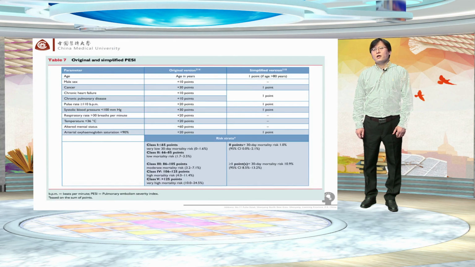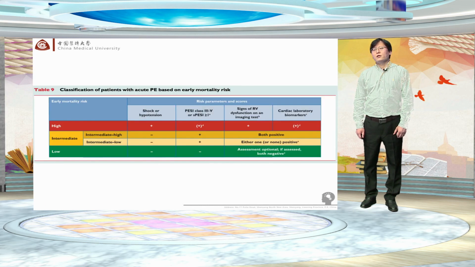For those non-high-risk patients, we can use the pulmonary embolism severity index, and also echocardiography, and lab tests for cardiac biomarkers to further stratify these patients as intermediate-high risk, intermediate-low risk, or low-risk patients.